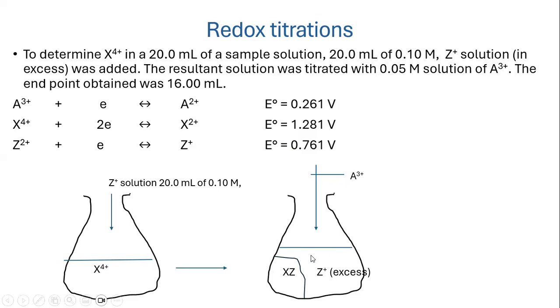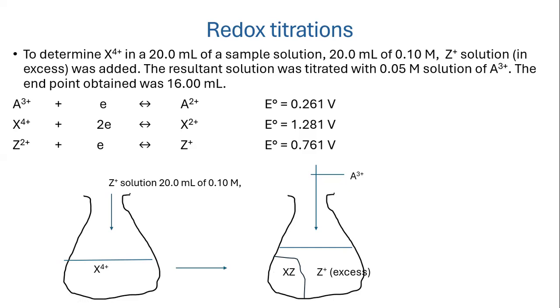So until the end point, you have Z plus, Z2 plus, but no A3 plus, only A2 plus will be there until the end point. So only one redox system will be there.